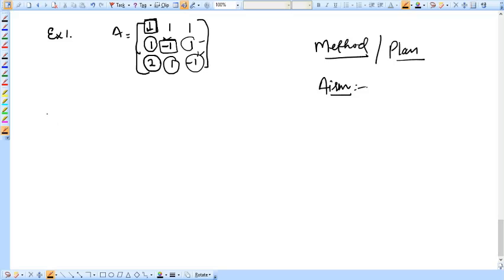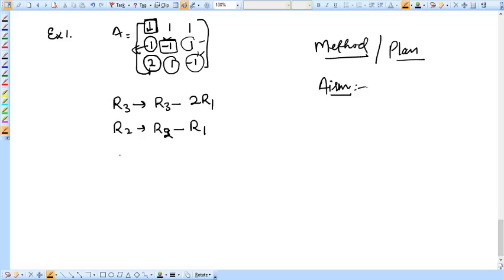Firstly, if I want to make this element 0, I would have to apply the operation row 3 minus 2 times row 1, and similarly if I want to make this element 0, I will have to apply row 2 minus row 1.